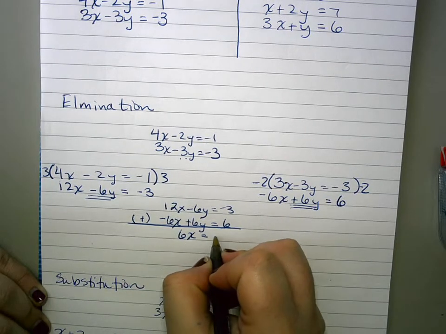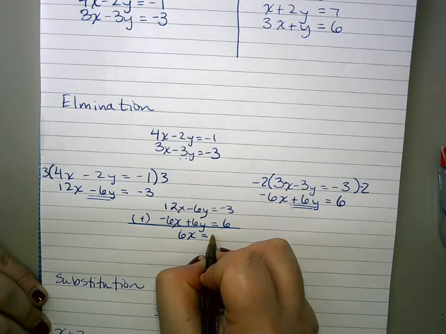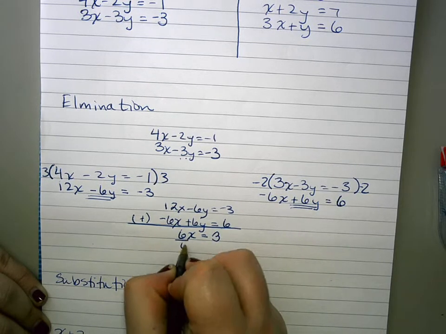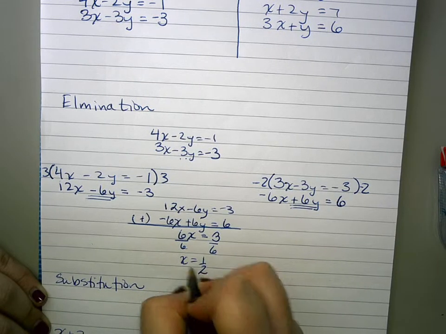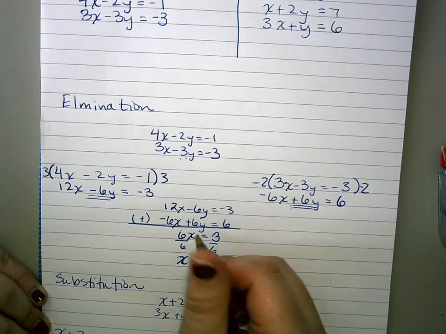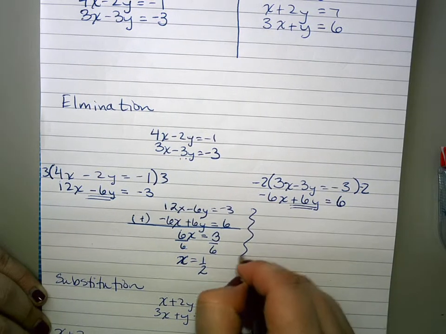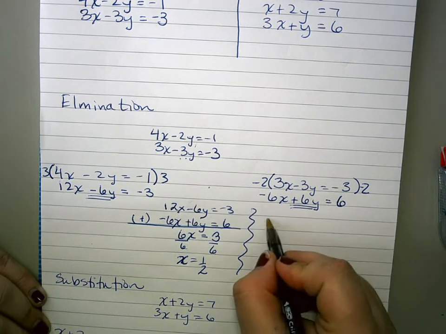And we will have 6x equals positive 3, divided by 6, x equals 1/2. Now that we have eliminated the y, we can solve for x, and then we can substitute the x value back into one of the original equations.